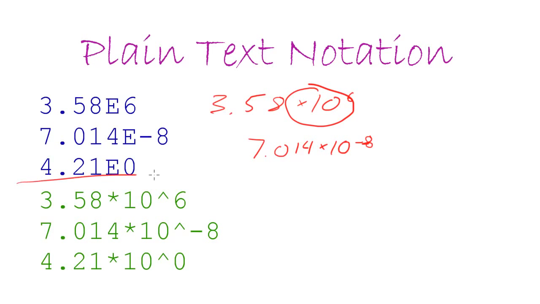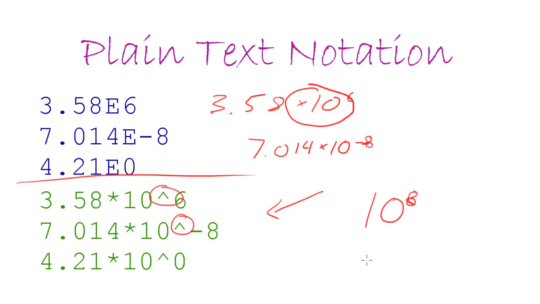And this down here is just an alternative version of plain text notation. The reason I wanted to go over these little caret signs, and by the way, that's the symbol above the 6 on your keyboard, is because a lot of scientific calculators you use nowadays can't throw in an exponent and display it on their screen like this.